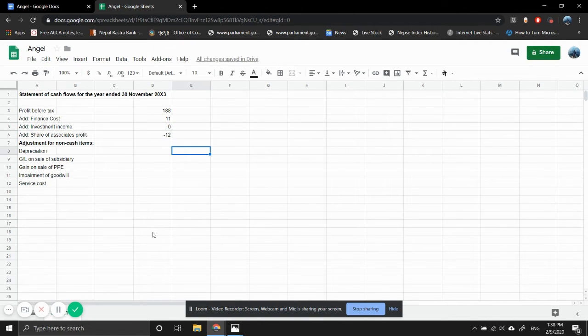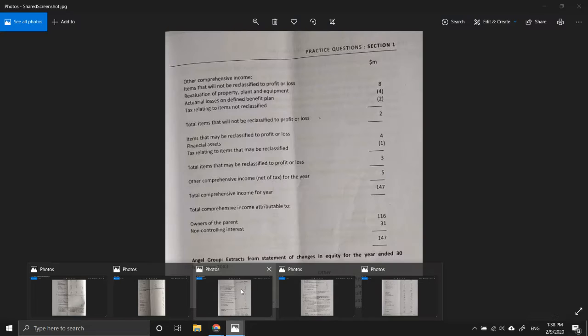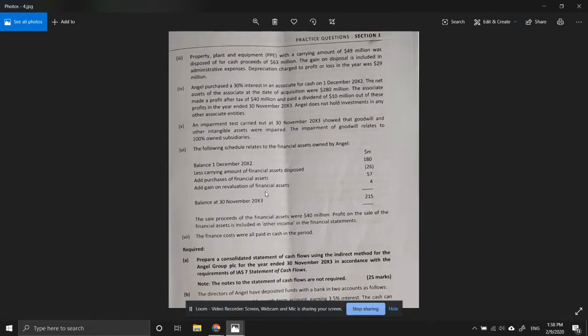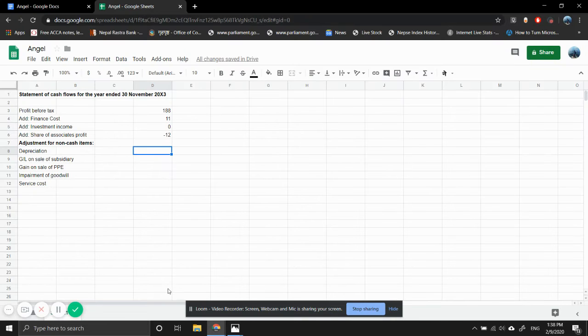Depreciation we've already been given, 29, over here on the top right. So minus 29.